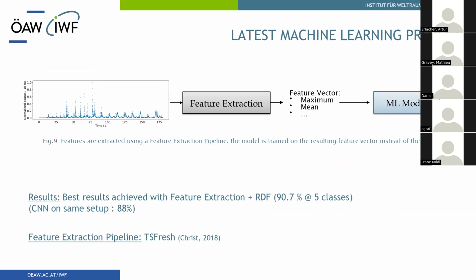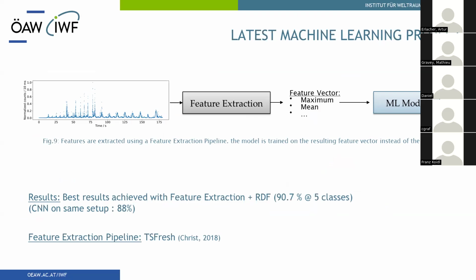I want you to have a quick look at how feature extraction works. First we did a test run where we fed the machine learning model with just the light curves. That was our baseline performance. But then we added a feature extraction step, which essentially extracts a feature vector.